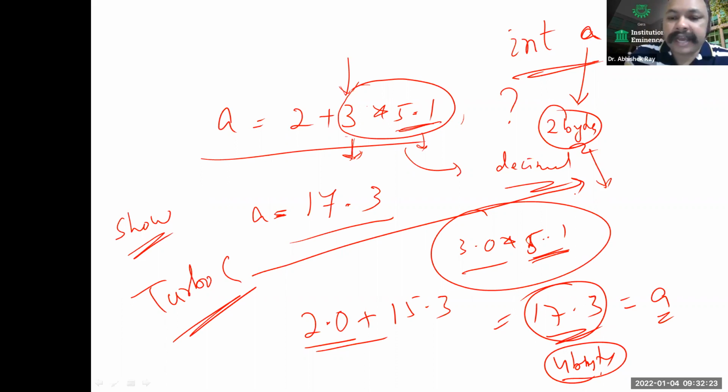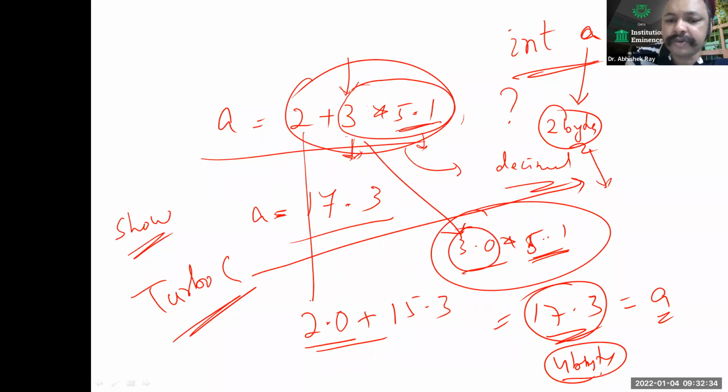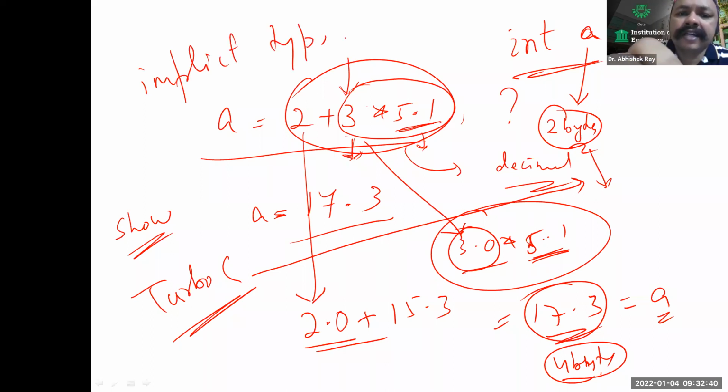But I have not told you that when I compile and execute this part of the code, this is not going to show you an error, because 3 is automatically converted to 3.0, or 2 is automatically converted to 2.0, because this is implicit type conversion.